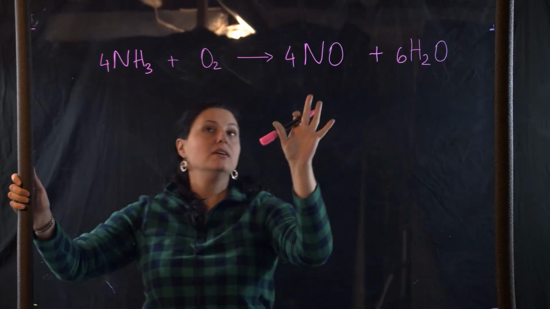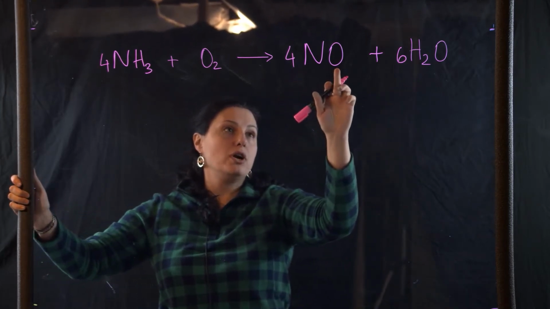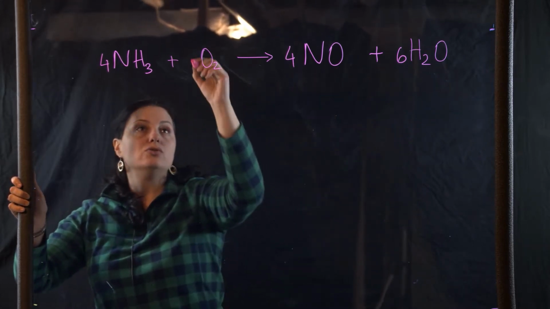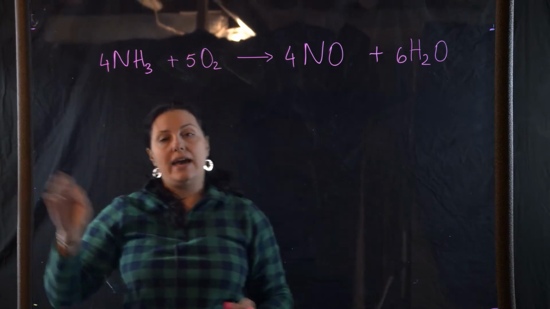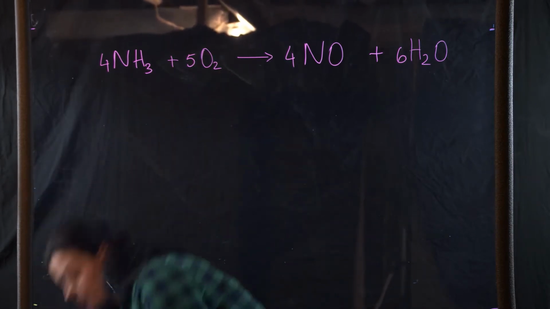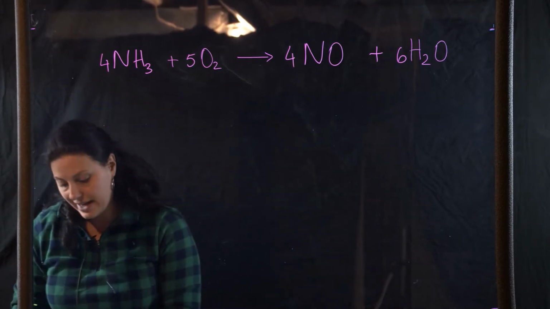Now let's look at the oxygens. I have 4 oxygens plus 6, that's 10. Divided by 2, if I put a 5 here, then I have everything balanced out. All right, that's the first step.